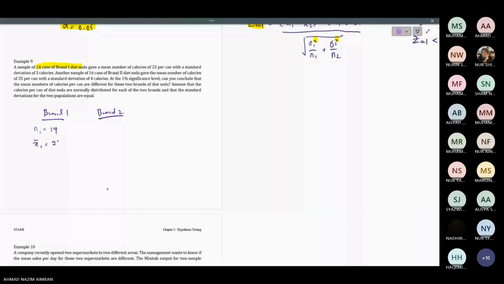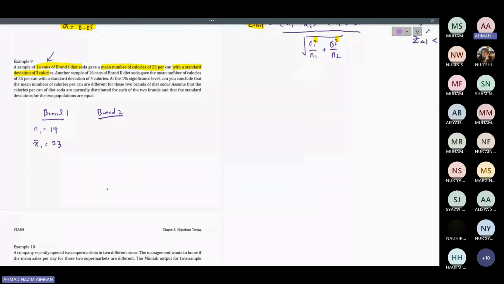So this is the standard deviation of the population or of the sample? This is the standard deviation of the sample. Correct, sample, because it is based on these 14 cans of diet soda.